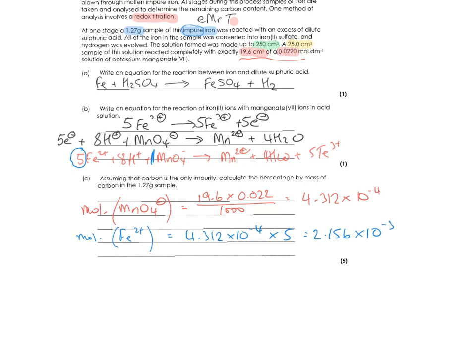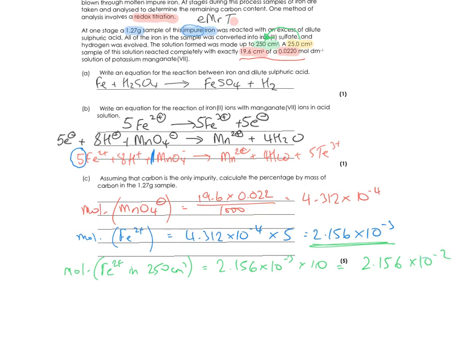Then, as we normally have, we've got a multiplication there. We only took 25 centimetres cubed of the whole sample, so we've got to multiply this by 10 to work out how many moles of Fe2 plus there were in the 250 centimetre cubed sample instead, which equals 2.156 times 10 to the minus 2.